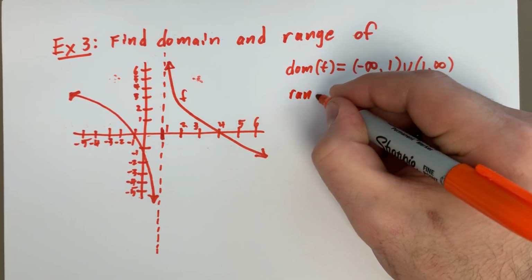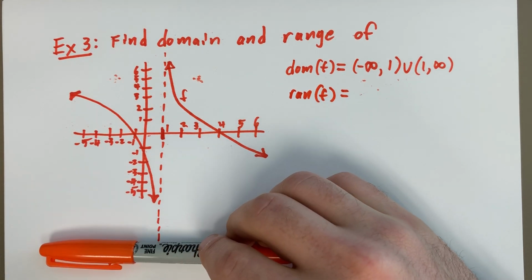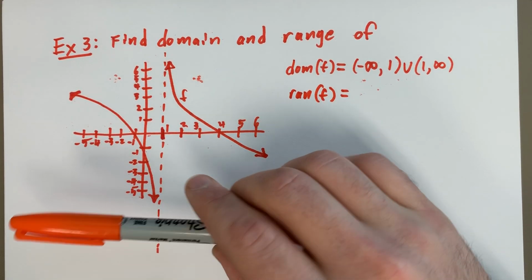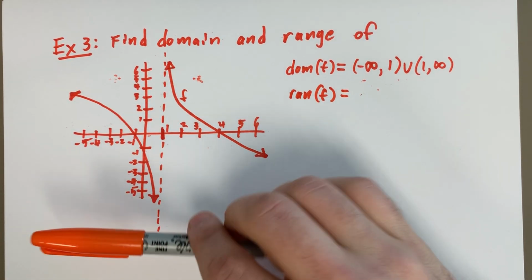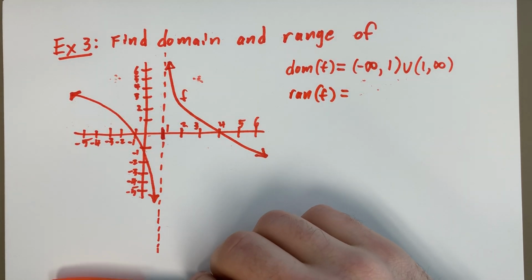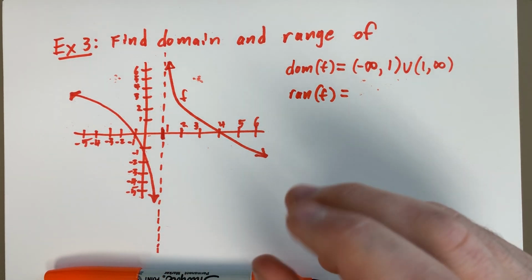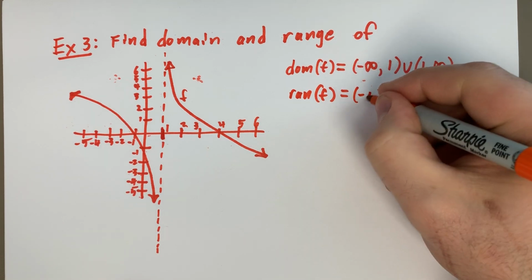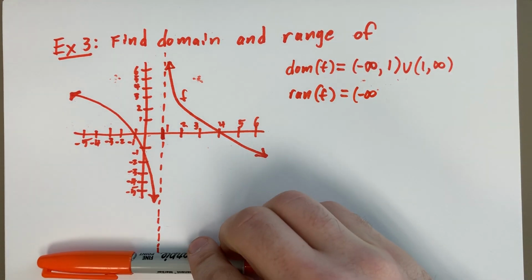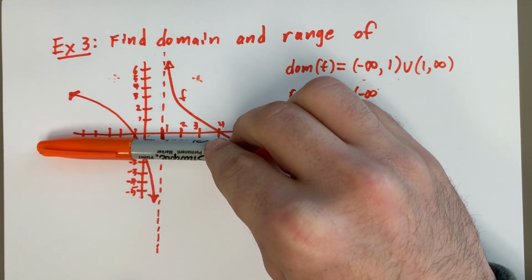So range. Scanning from bottom to top, where do I start touching the graph? This one keeps going down forever. So I start touching the graph at minus infinity, if you like. So start at minus infinity. I'm still touching. Do I stop touching at any point in time?